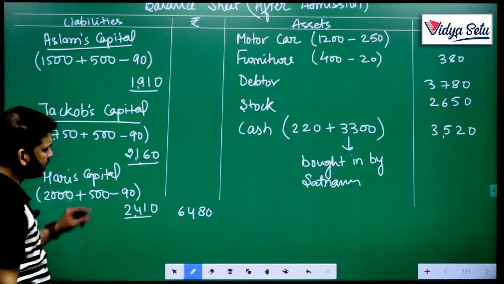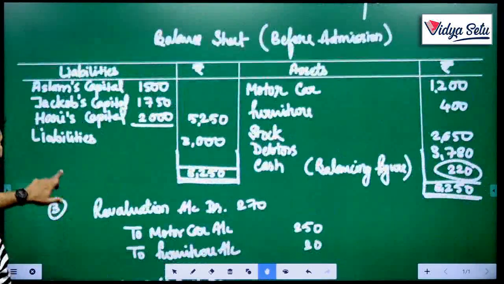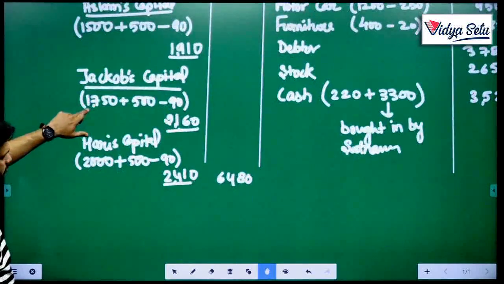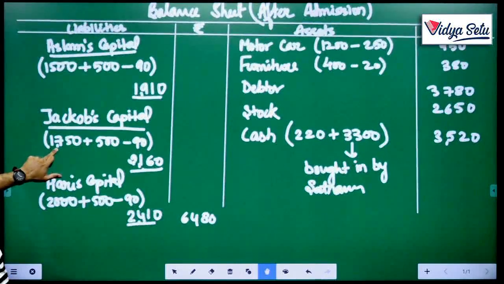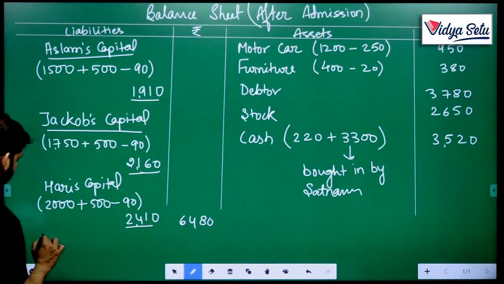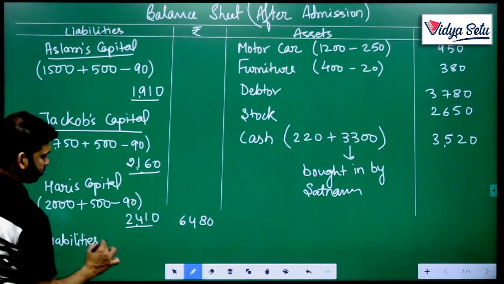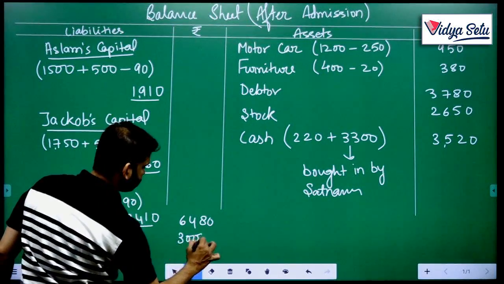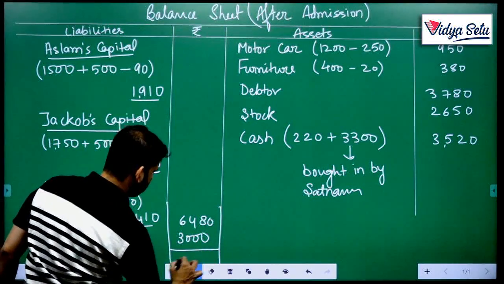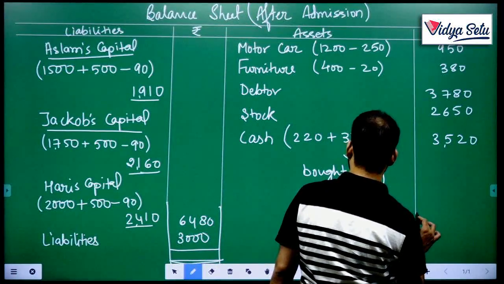And there was some outside liability as well. There was no change in that. Liability is 3000. Let's see whether our balance sheet tallies or not. If not, obviously we have committed some error.